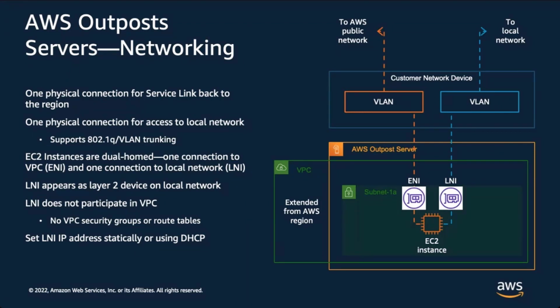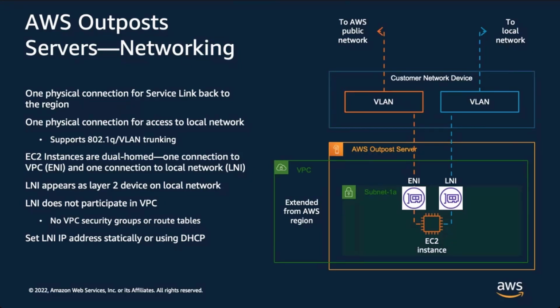One will be an ENI, and that lets you participate inside of VPC. And the second interface will be an LNI, and that lets you participate within your local network. So that LNI appears on your local network like any other layer 2 device would appear on your network. So there's no layer 3, there's no BGP that's needed to get to and from the Outpost server. It's just layer 2.